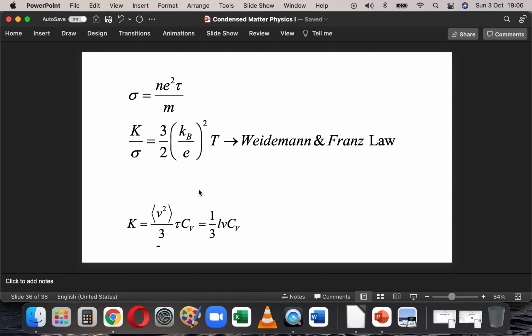They cancel off, and also if you notice this, there is a relaxation time tau in the sigma, but if I take K by sigma, the tau cancels off. Like I said in the previous video, if the relaxation time does not appear in the expression, then just by a stroke of luck, the wrong classical result matches with experiment, and that's what happened here.